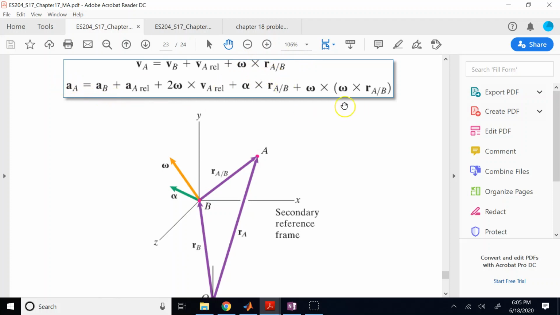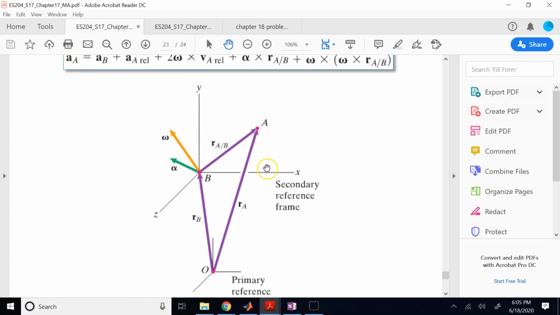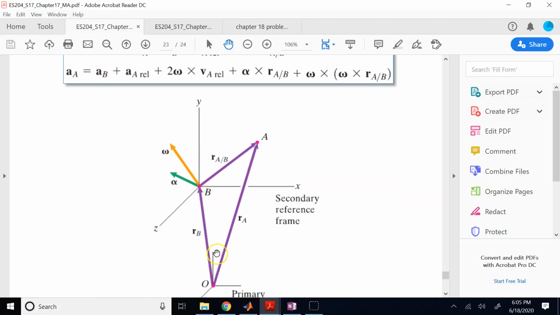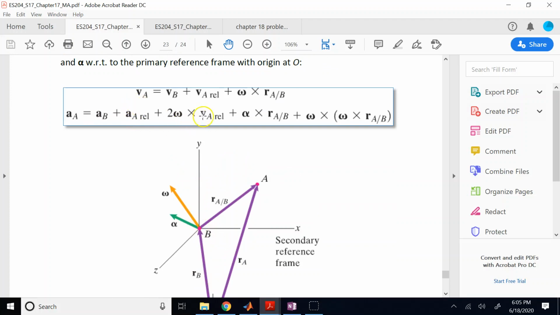And similarly, acceleration of A relative to the secondary or moving frame, A relative, can be related to acceleration of A in the primary reference frame when we add 4 extra terms. The acceleration of the origin of moving with respect to the fixed, plus the Coriolis effect, plus the tangential acceleration, plus the normal acceleration.